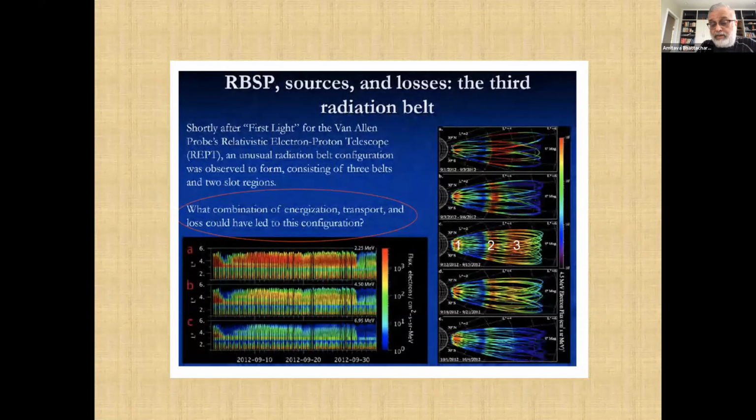The Radiation Belt Storm Probes, which came to be known as the Van Allen Probes, actually found something pretty remarkable. In addition to these two well-known belts, the inner radiation belt and the outer, it actually found a third radiation belt using the electron-proton telescope on board.